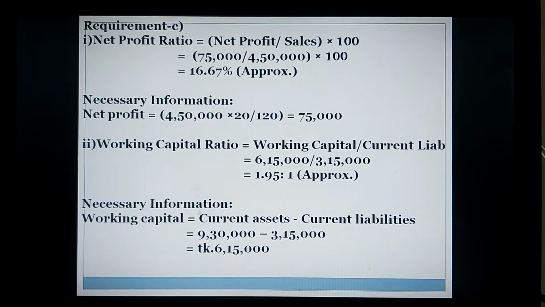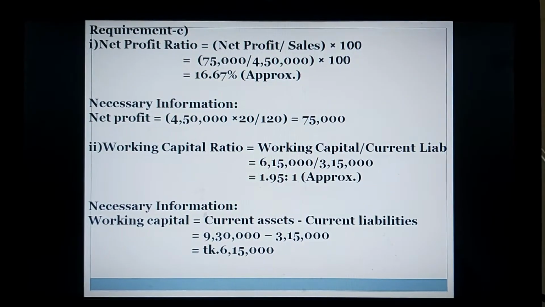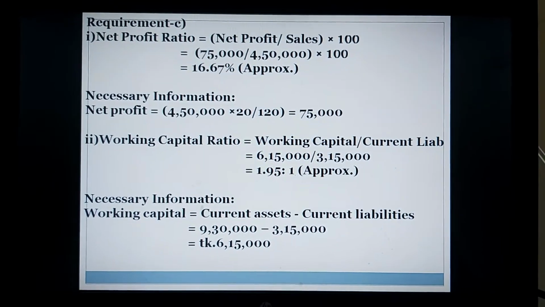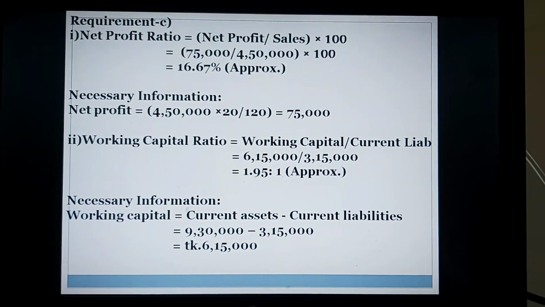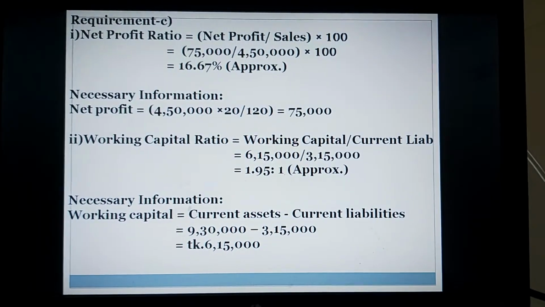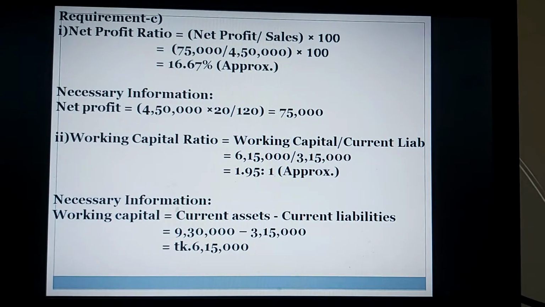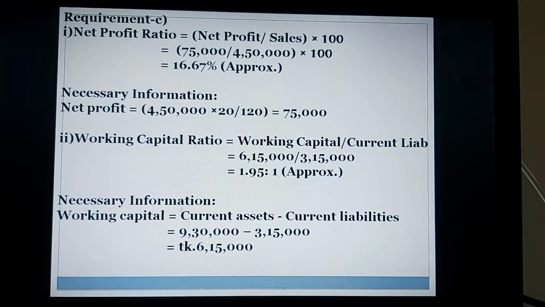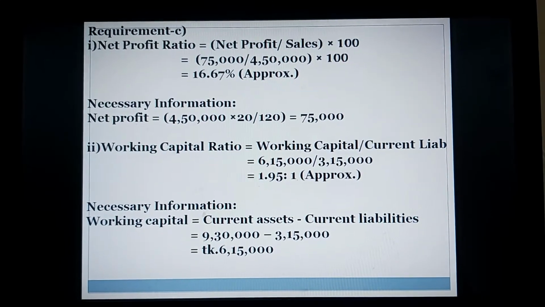So you can write it, you can see on the screen, net profit ratio. What is the formula of net profit ratio? From the formulas of ratio analysis, net profit ratio is equal to net profit divided by net sales into 100.